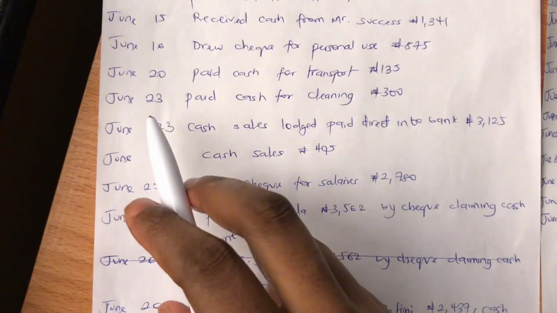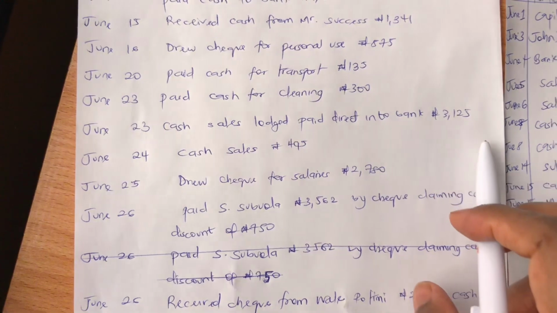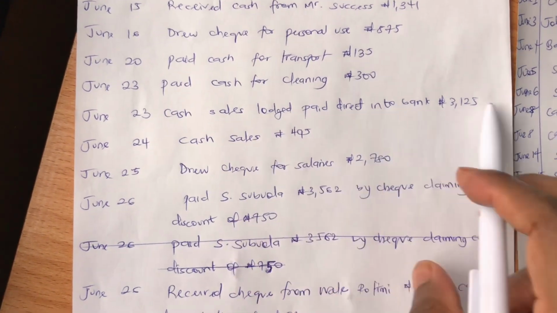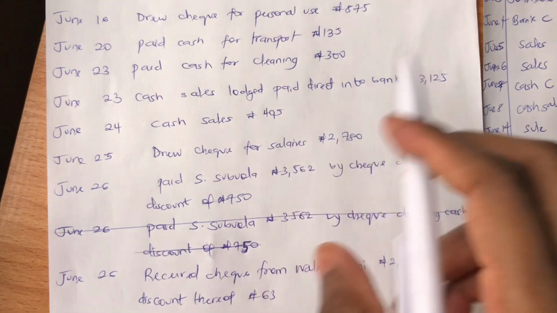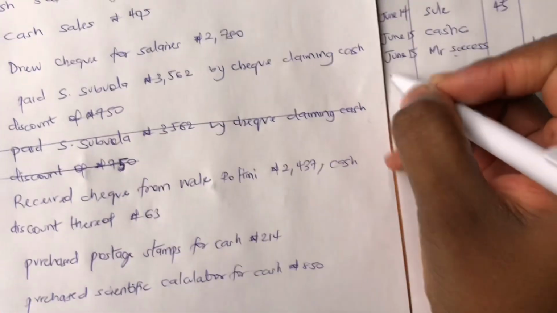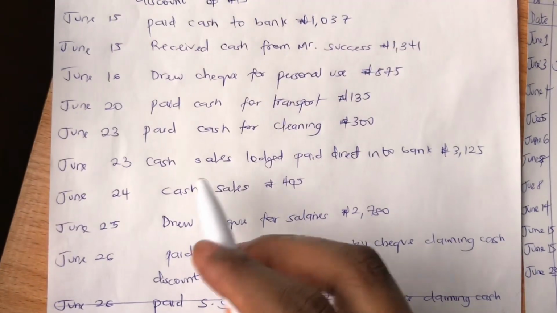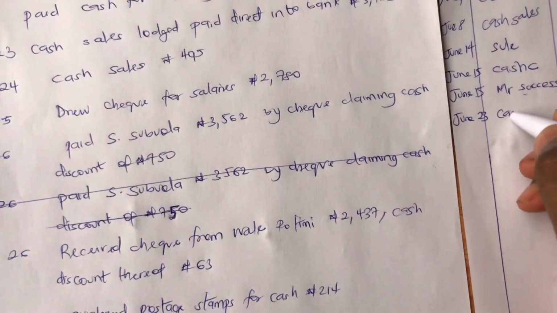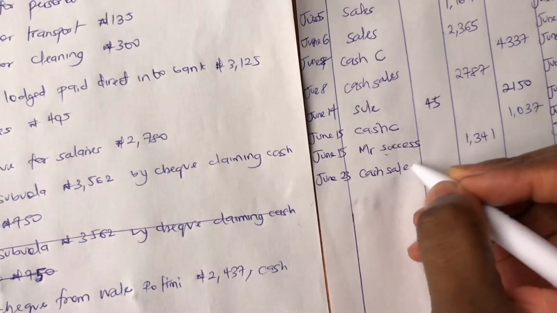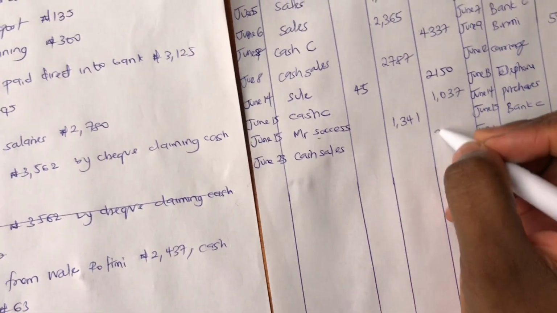June 23rd. Cash sales lodged, paid direct into bank. So this is cash sales and it's paid directly into bank, so it's going to be debited. June 23 cash sales, but it's going to be debited under the bank column, of 3,125 naira.